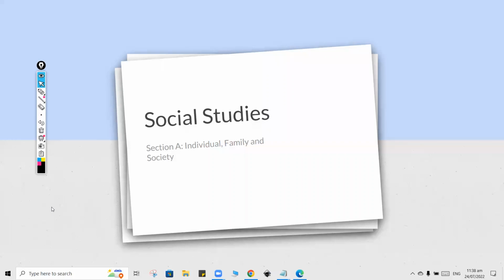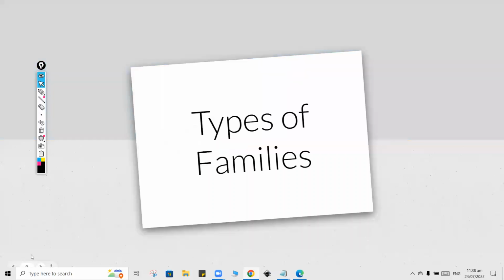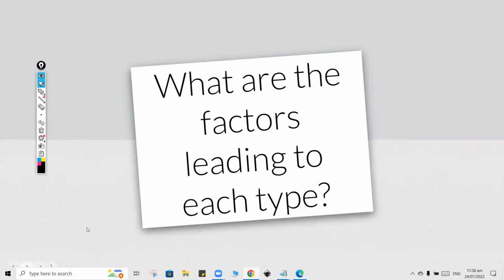All right, so I'm going to go on to the second slide now. What we are really looking at is types of family. And as we do the types of family, we want to discuss what are the factors leading to each type, right? And that part we will write in.